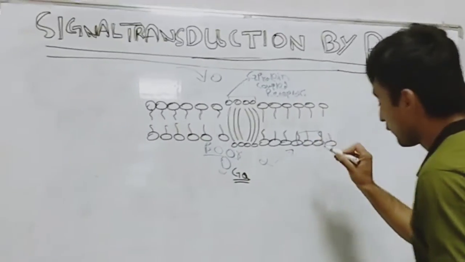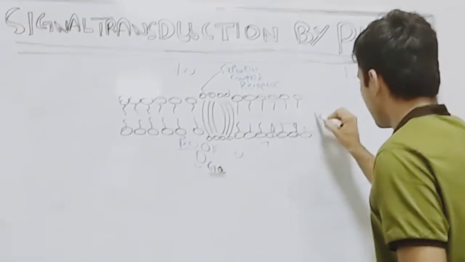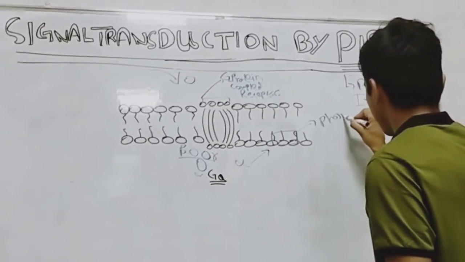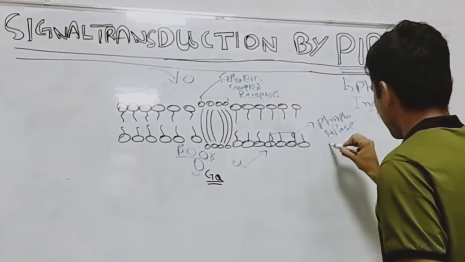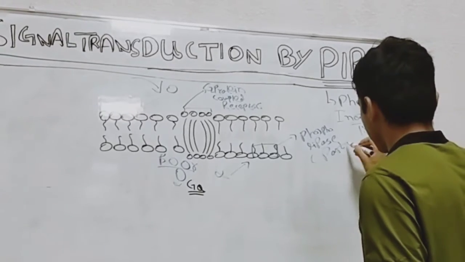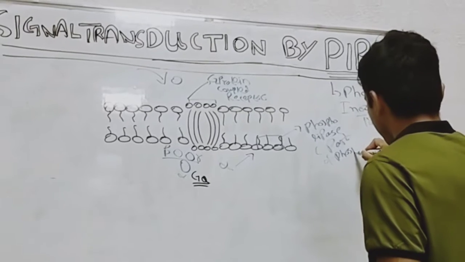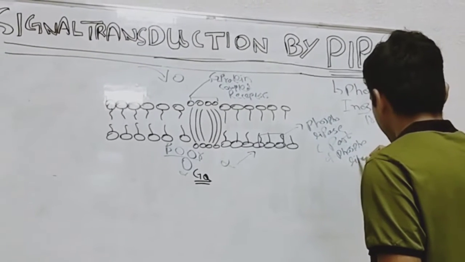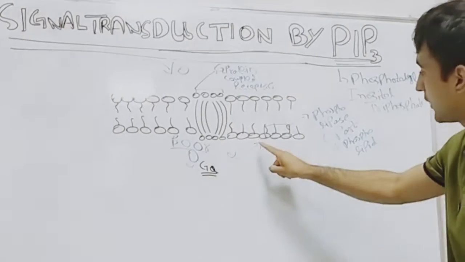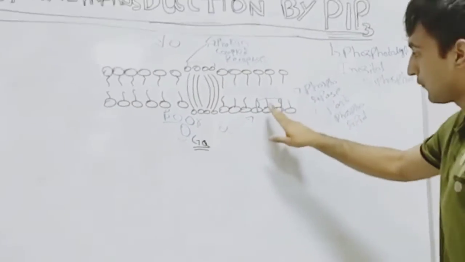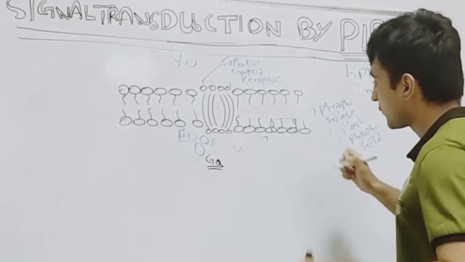This is the phospholipase C part of the phospholipid. So this alpha subunit activates this phospholipase C part of the phospholipid, and it is also very important to know what is present here.